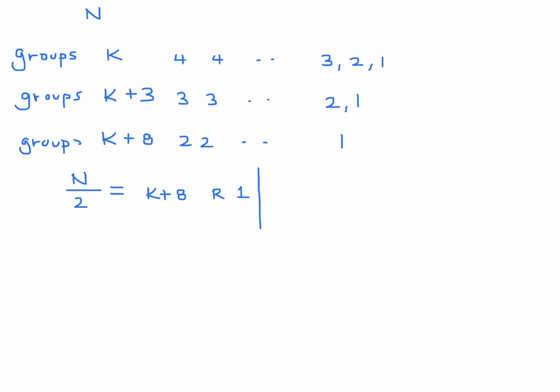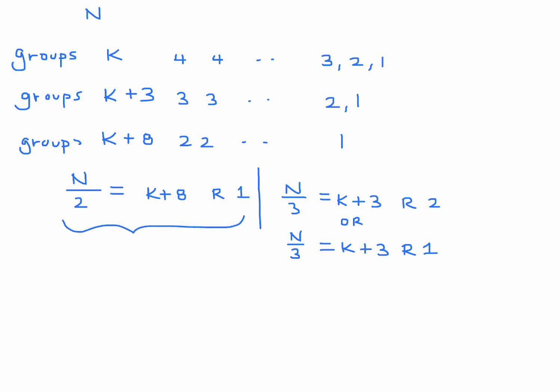And in a very similar way, if you do the same thing for this scenario, n divided by 3 is equal to k plus 3 with a remainder of 2, or n divided by 3 is equal to k plus 3 with a remainder of 1, because there's 2 possible choices. We don't know which one. So let's work with this. Let's see what we get.